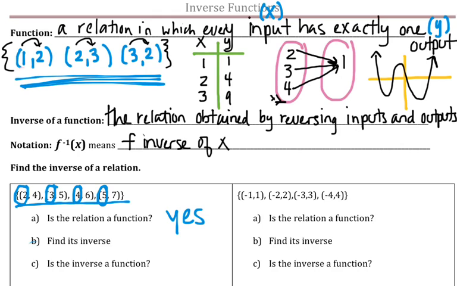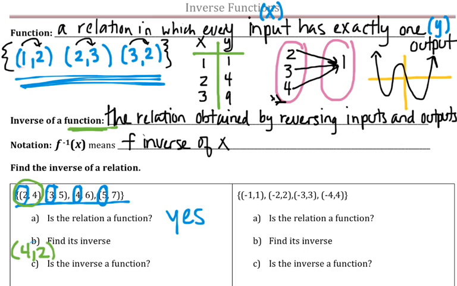If I had seen one repeat, I just have to check to see if it gave us the same thing when it repeated. As long as that happens, it should still be a function. Find its inverse. According to this right up here, the inverse is what we get when we reverse the inputs and outputs. So we switch the x's and the y's. So if I take this ordered pair, I'm going to reverse the order on it. So instead of 2, 4, it's going to be 4, 2.